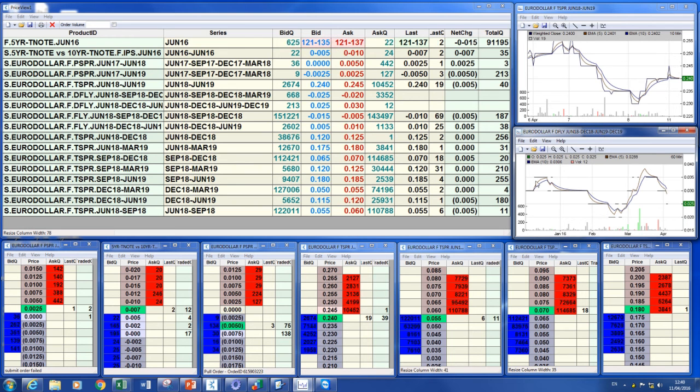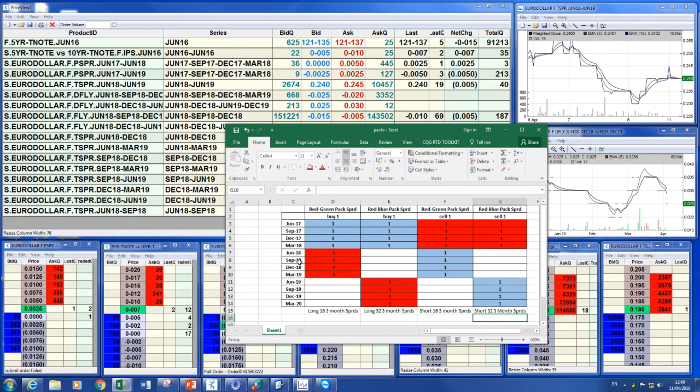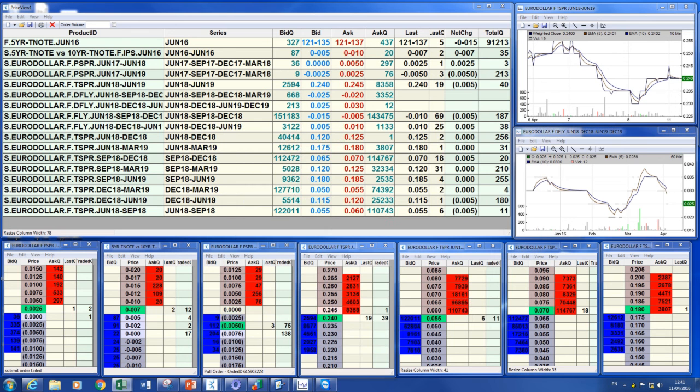Okay, so what have I got here? On the far left-hand side, I've got the reds greens pack spread. We talked about what that was. A reds greens pack spread is this structure: if I buy one of these upper quarters in this pack spread, I would actually be buying one of each of the red contracts and selling one of the green contracts.